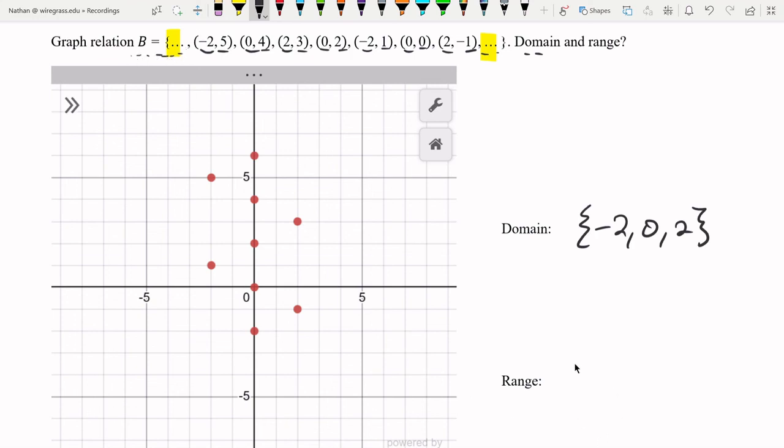So you can see that the range is just going to be, I'm going to write like this: ..., -3, -2, -1, 0, 1, 2, 3, .... That's the range, but this is the same thing as the integers.